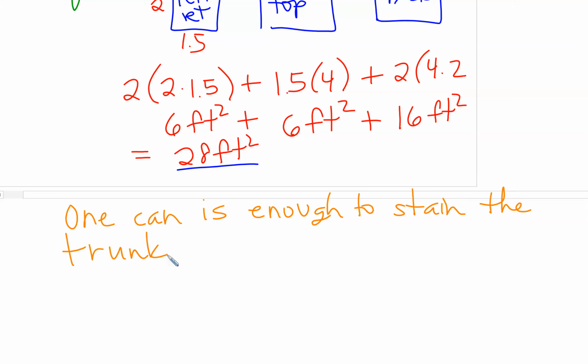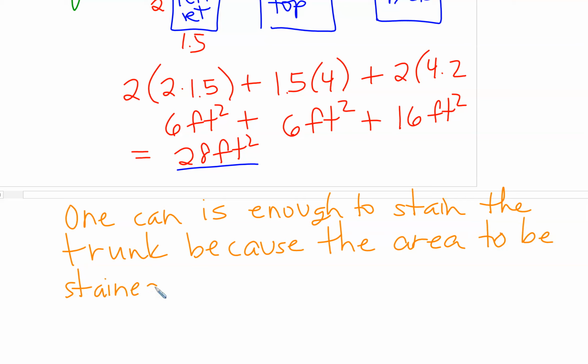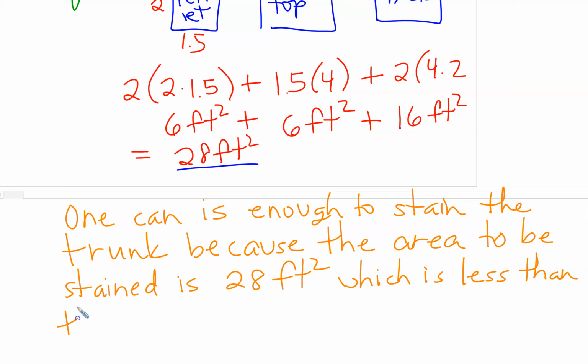So that's our conclusion. Now we want to justify that conclusion. So because the area to be stained is 28 square feet, which is less than, so this is our comparison, less than the 30 square feet a can will cover.